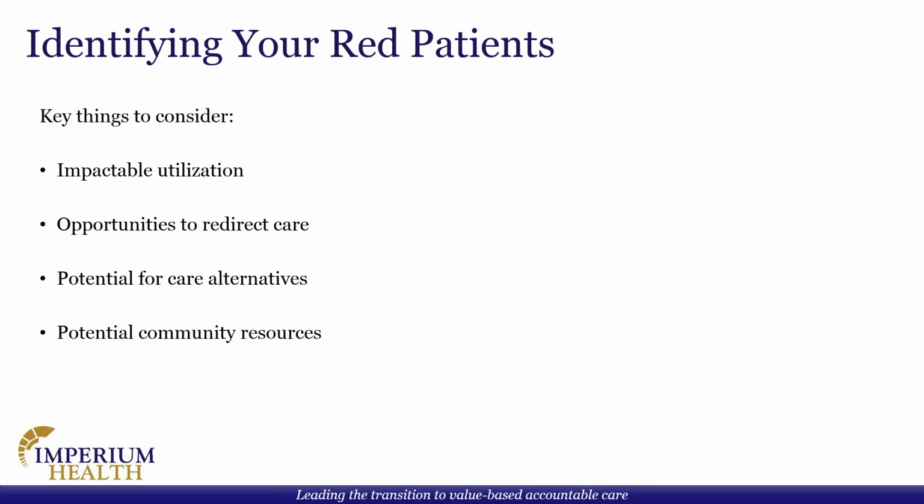Those potential care alternatives are really the biggest win, because we want to bring those patients back to the clinic, back to those community resources that are very high value, but also allow the patient to be connected within the healthcare system, reducing any potential silos or barriers that we might face.